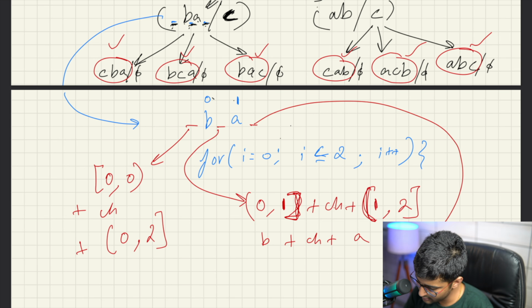This is going to be starting from 0 till 2. Always start from 0 till 2. So 0 till 1, this will be BA plus ch plus 2 till 2. So it will be empty. That's it.